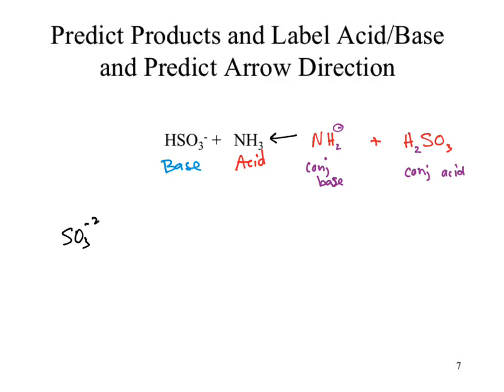SO3 minus 2. Sulfur has what, 6? 24, 26 electrons? Did I do that right? Yes. 1, 2, 3, 4, 8, 8, 26.